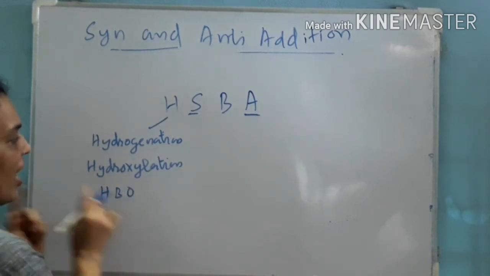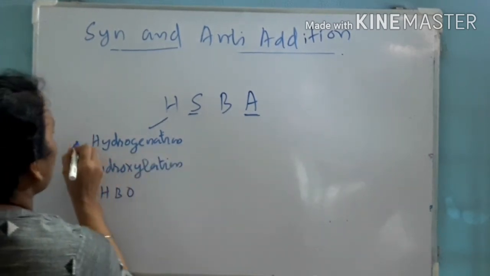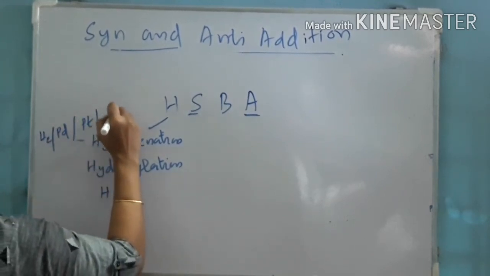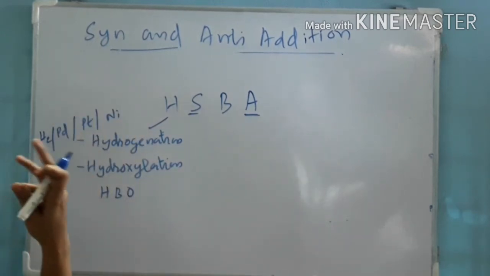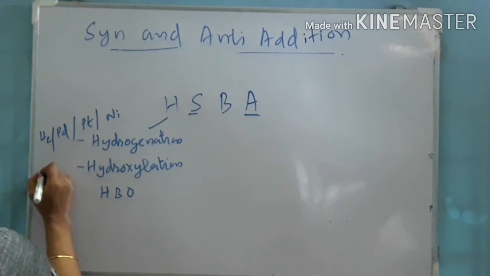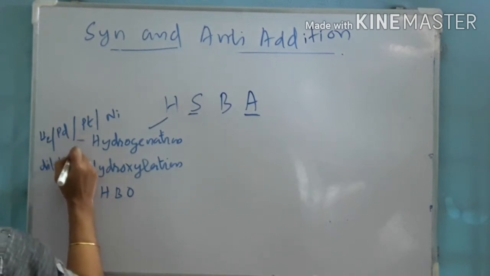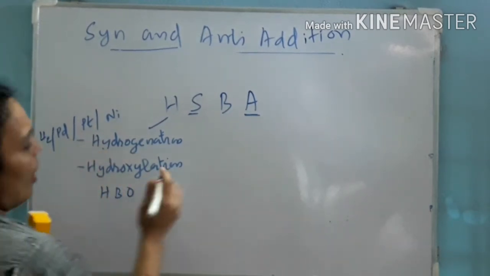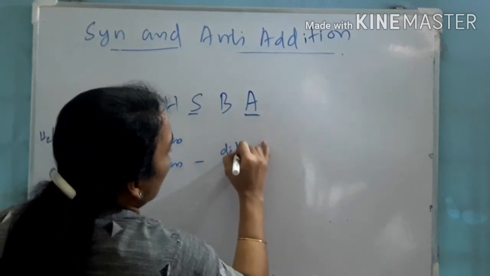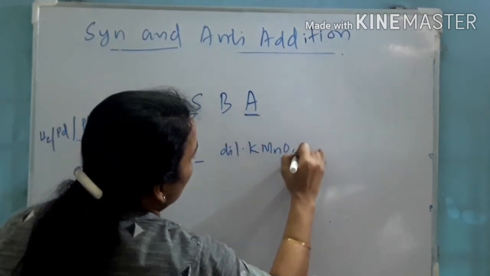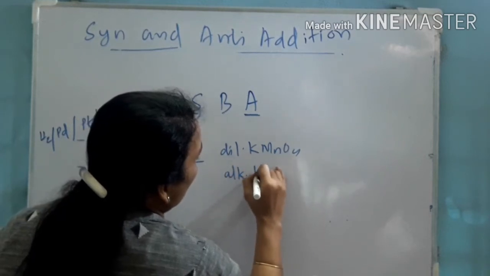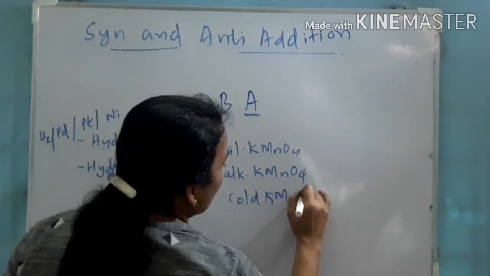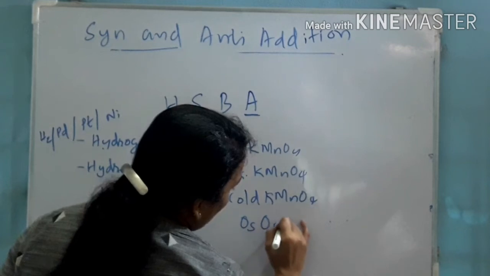Hydrogenation means addition of hydrogen by using palladium or platinum or nickel. Hydroxylation means addition of OH. There are different methods: dilute KMnO4, alkaline KMnO4, cold KMnO4, osmium tetroxide.